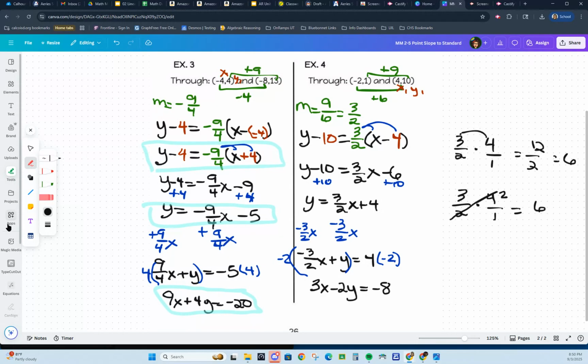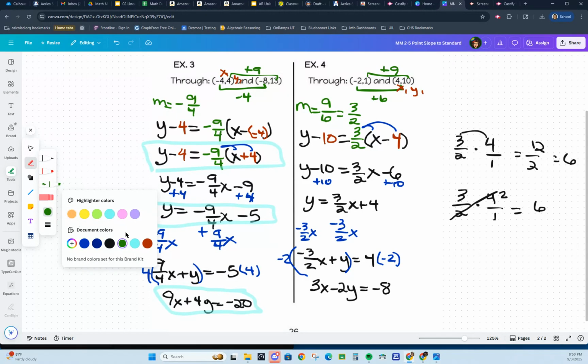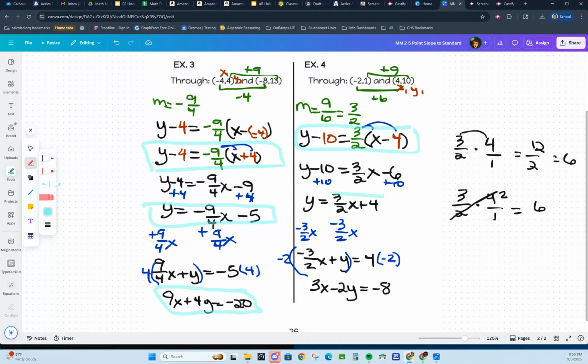Okay? So for our equations here, this one is our point slope form. This is what we started with. We got it down into our slope intercept form, and then we ended in our standard form.